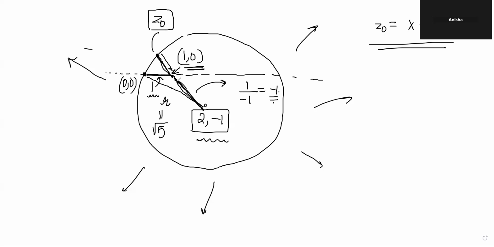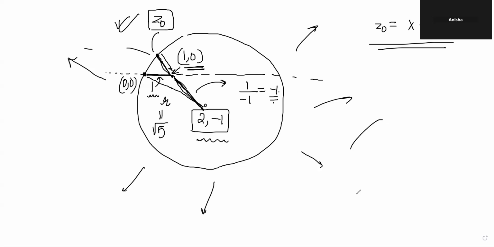So then we can find where it intersects the circle. Line equation you will get, circle equation you can write in Cartesian coordinates, and then you can get z naught. Ultimately, the question is not about finding Z0, it's to use Z0 to find the argument of the final complex number.